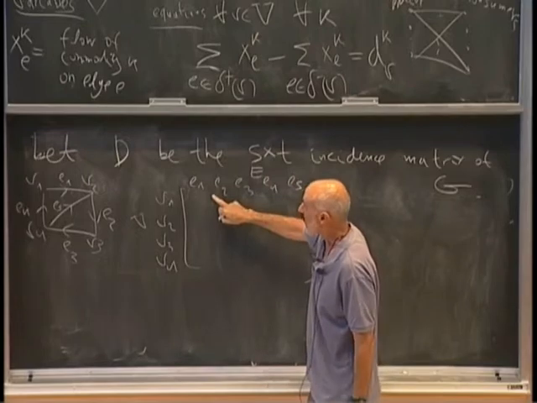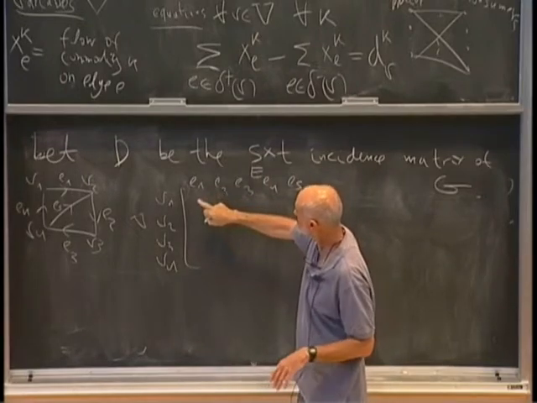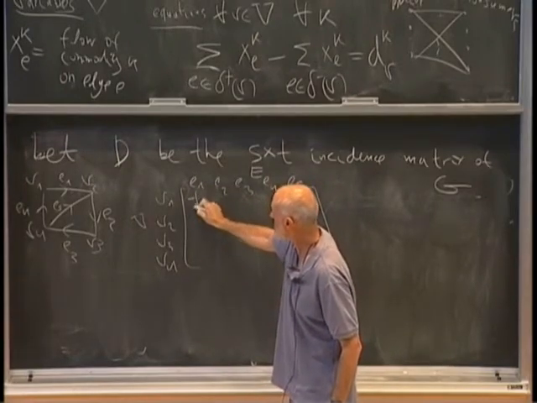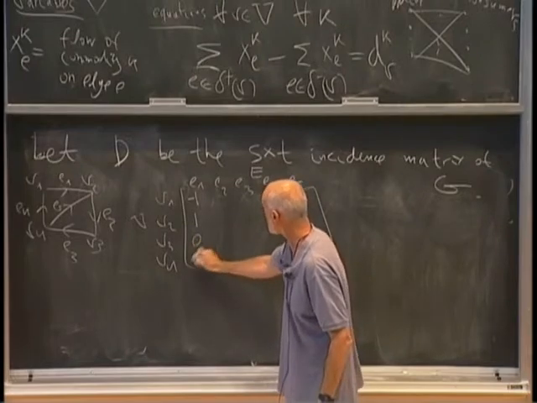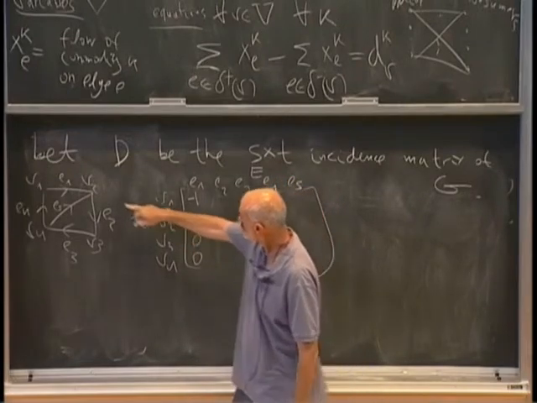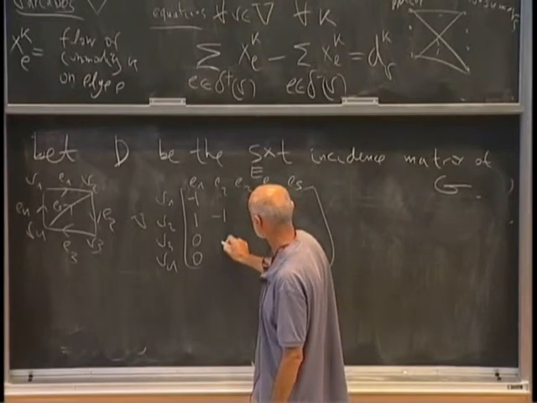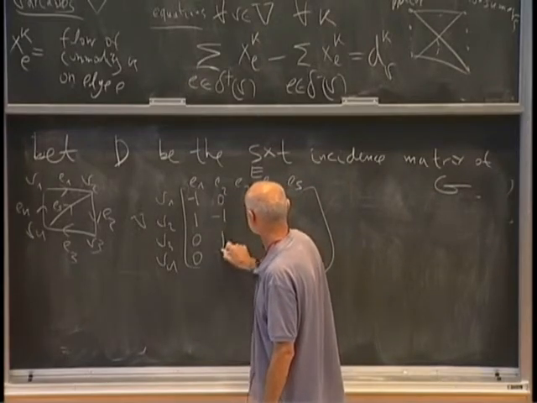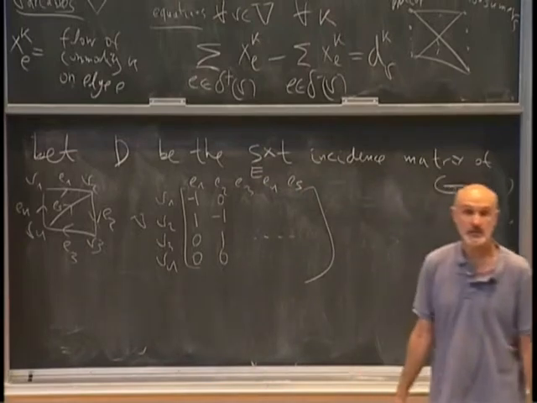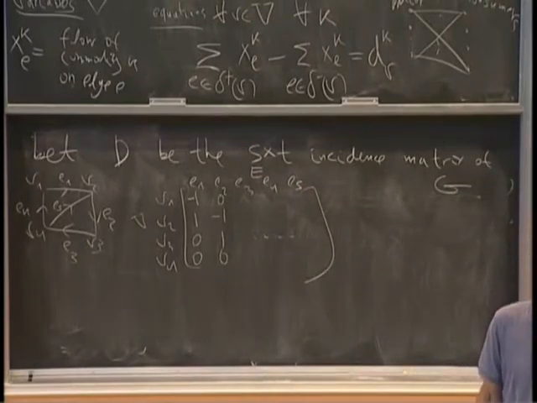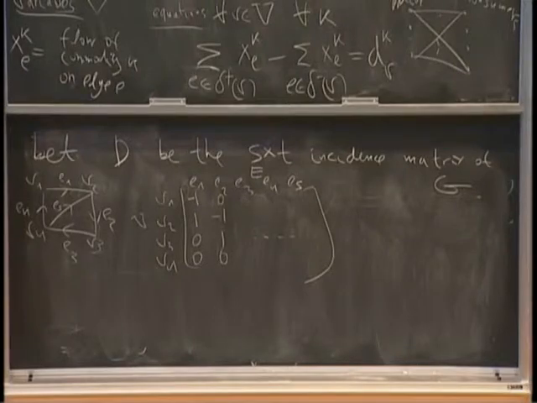So let's look at e1. It takes away flow from v1, so it's minus 1 here, pushes flow here, so 1, 0, 0. e2 takes away flow from v2, so minus 1 here, enters v3, so 1, and so on. So this is the incidence matrix of the directed graph. Every column has exactly one 1, one minus 1, and the rest are zeros.